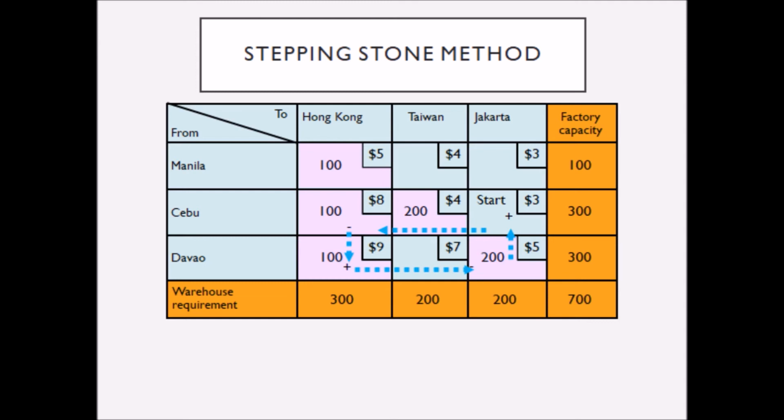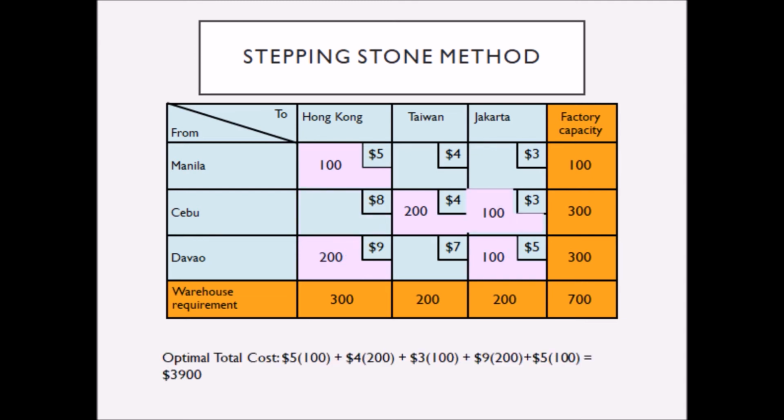That gives you the new table, which gives the Cebu to Jakarta segment an additional 100 units. If we repeat the process, we will see that all the improvement indexes are now positive, and we now have your optimal total cost of $3,900.